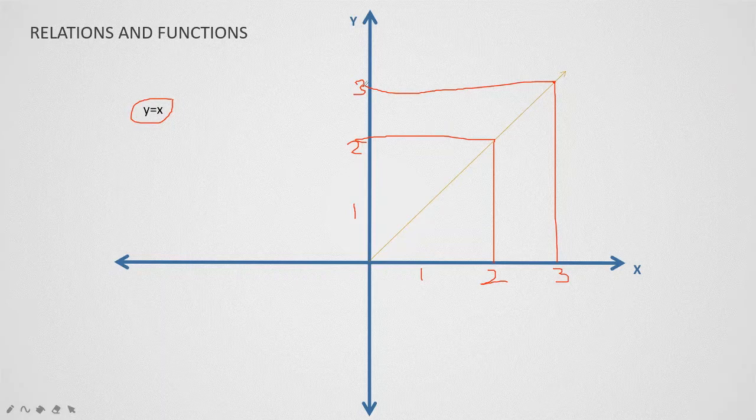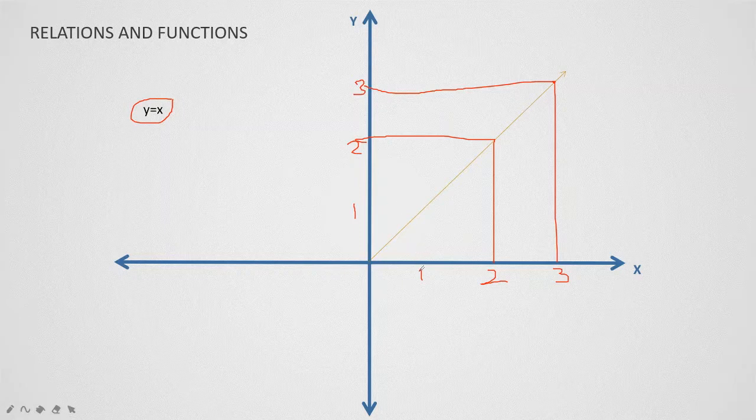So I see that when I give 3 as the input, I get 3 as the output. When I give 2 as the input, I get 2 as the output. So for one input I see that there is only one output here. For example, if I give 3, I don't get 2 as the output. Because if I get 2 as the output, then I have 3 and 2 as the outputs.